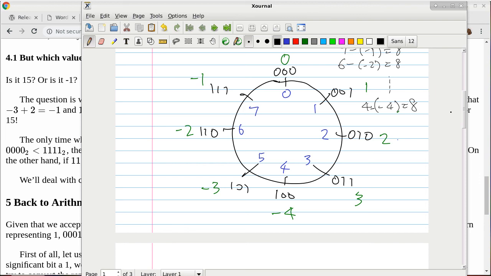The most significant bit. Exactly. So if you look at the most significant bit, which is the leftmost bit, if it is a 1, it is a negative value. If it is a 0, it is a non-negative value. Don't say positive, because 0 is not positive.